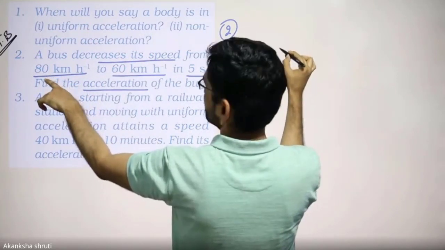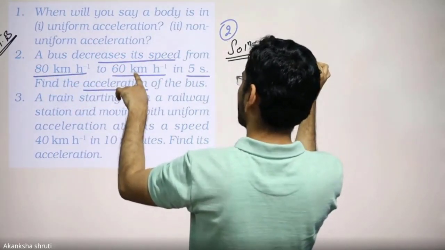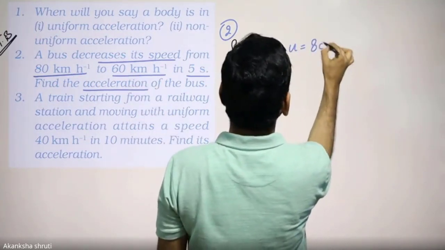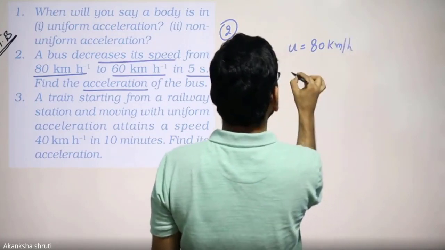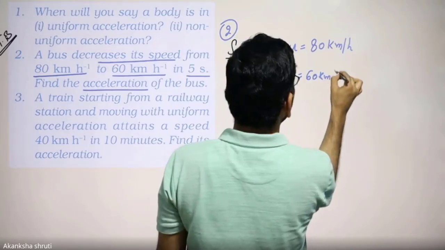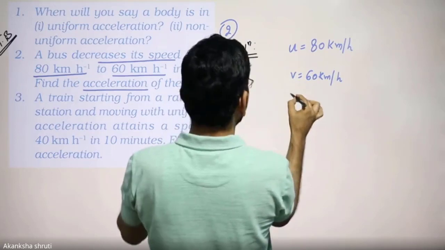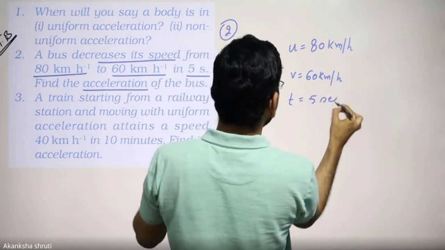One is 80 km per hour and its final speed becomes 60 km per hour. So in the symbol form, U is our 80 km per hour and V is 60 km per hour. And the next thing given is the time T is 5 seconds.